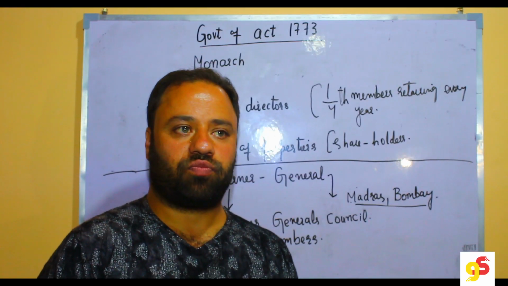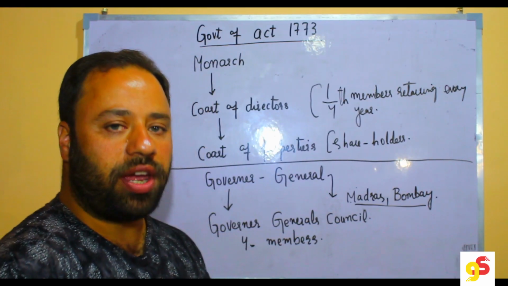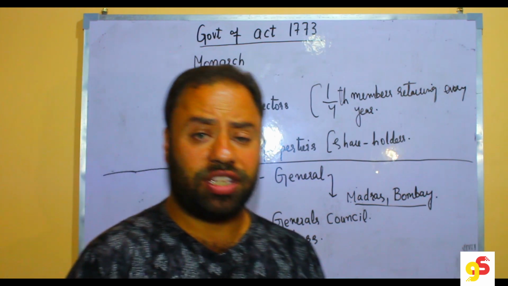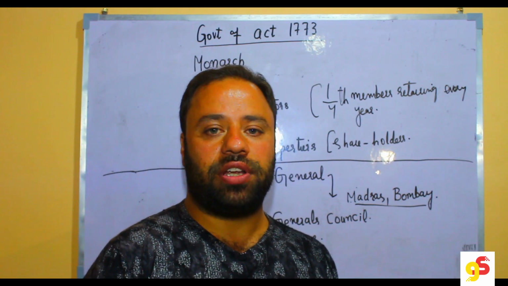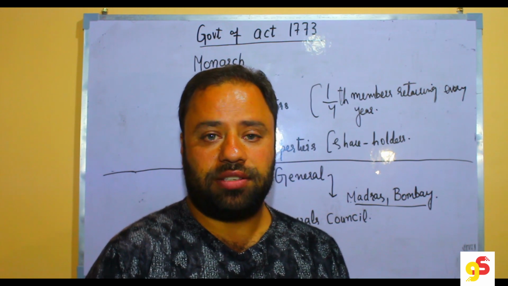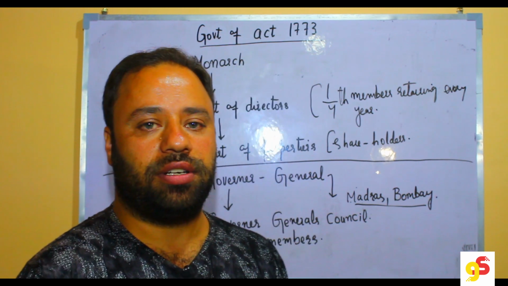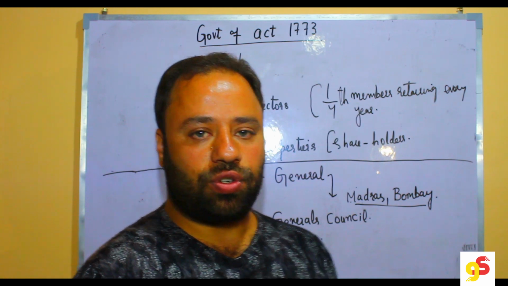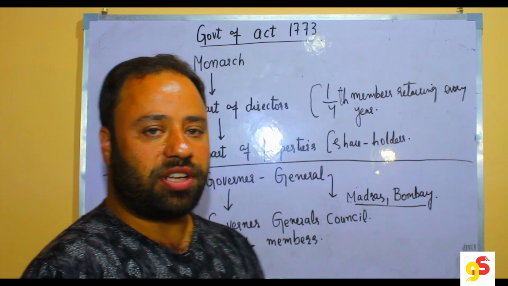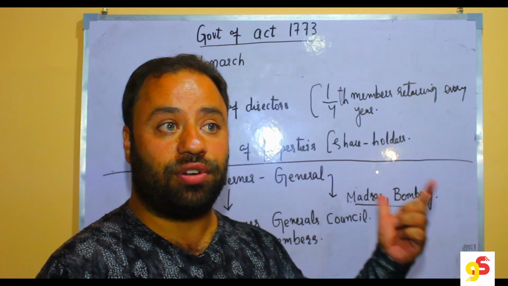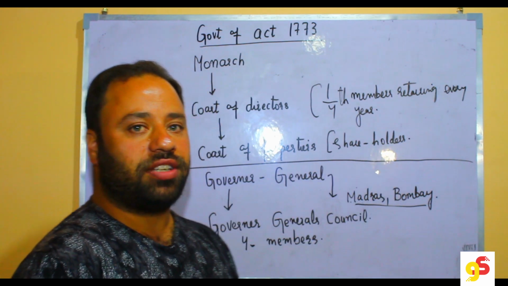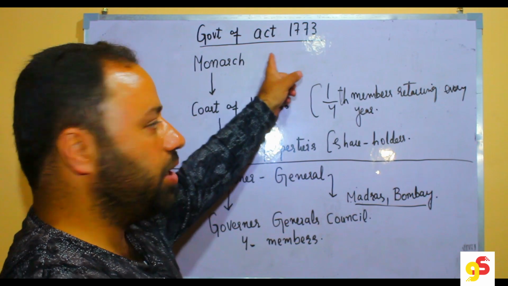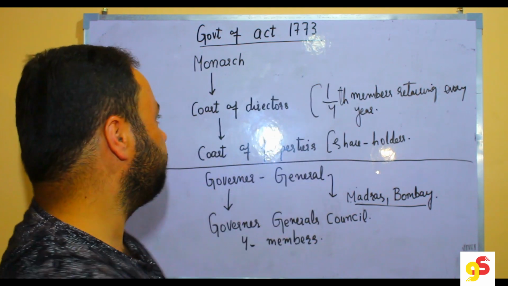Well, the company was working effectively in India. The British government thought that they will bring some sort of regulations to the company, because there was rampant corruption and lack of accountability. So they thought they will bring some sort of regulation to the affairs of the company, and the first act came in the form of the Regulating Act 1773.